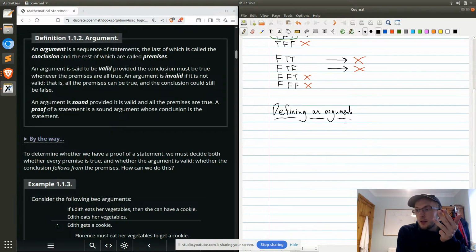Now, only the first two premises are false, but the third premise is true. But if all the premises were true, then the conclusion necessarily follows.